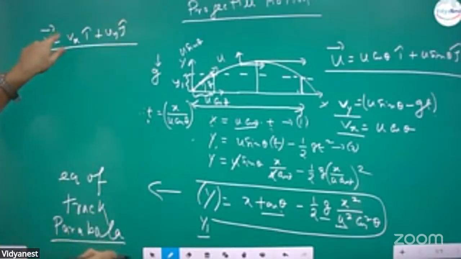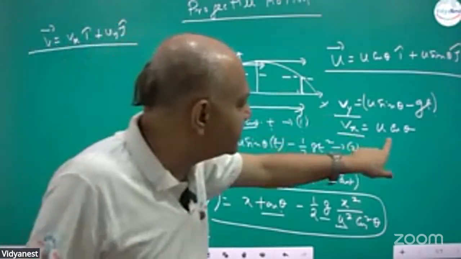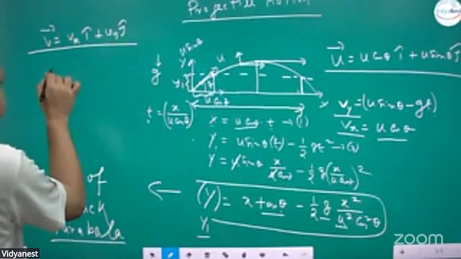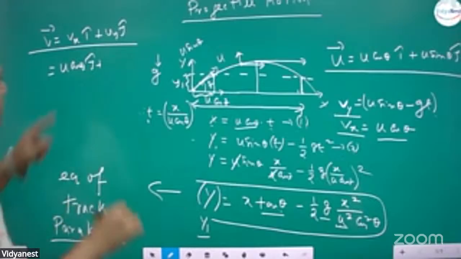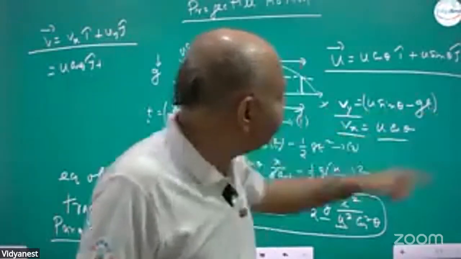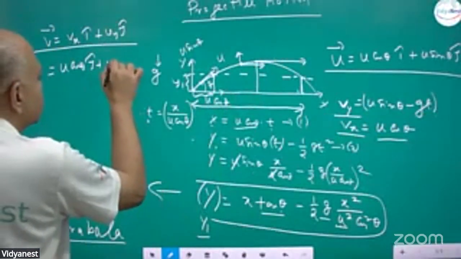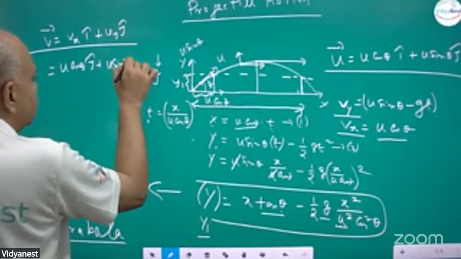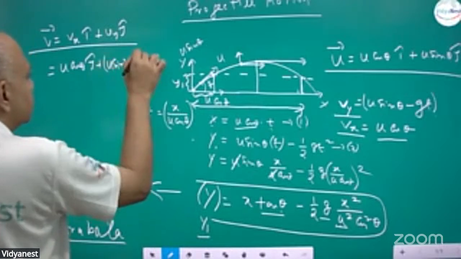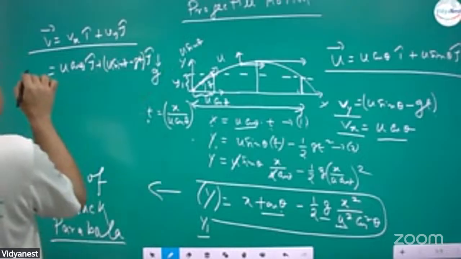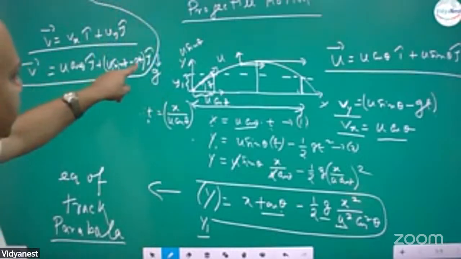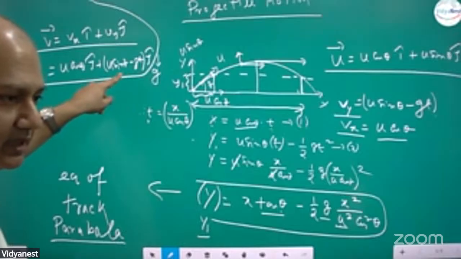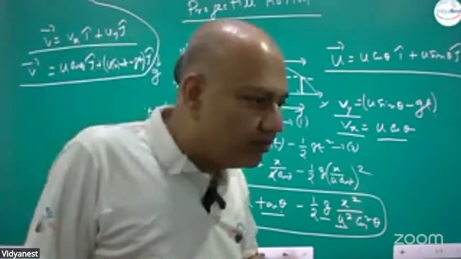Vx can be written as u cos theta i cap, and velocity along the y-axis is u sin theta minus gt, j cap. This is the expression of the velocity after t time. Saurabh, understanding? Very good.